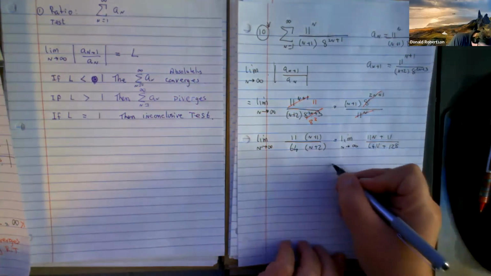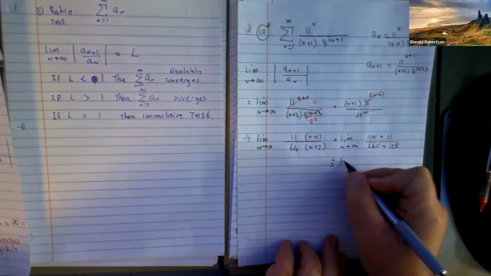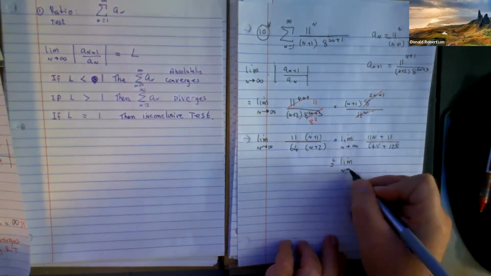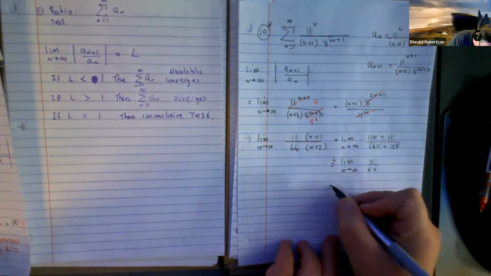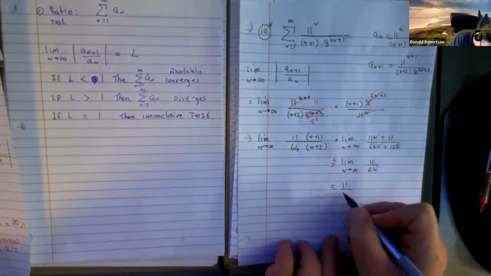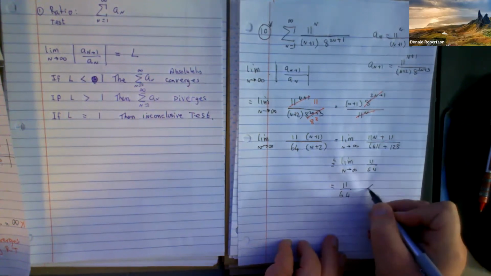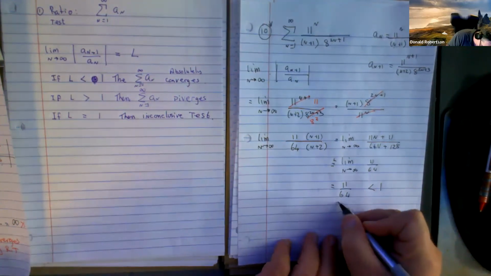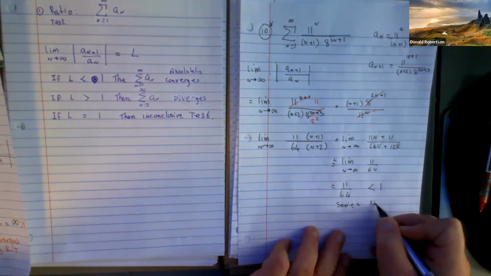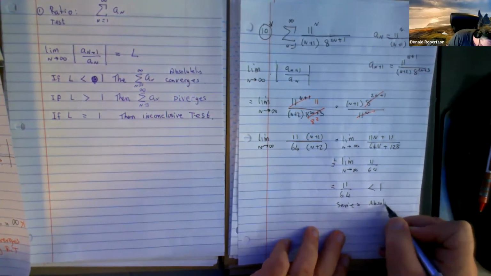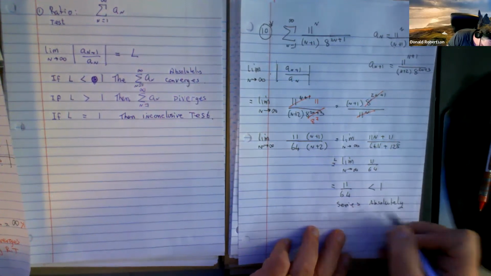I seem to be on a L'Hopital binge tonight. You get 11 over 64. And there's your answer. The limit is 11 over 64, which is less than 1. So that means that the series is absolutely convergent.